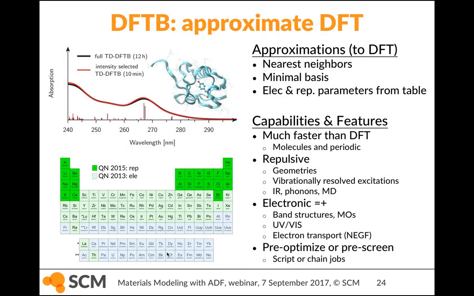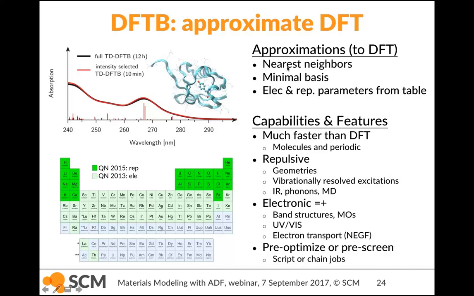Okay, so then we have also, I mentioned in the beginning, this density functional based tight binding, which can do a lot of the same things as ADF and BAND, but much more quickly in an approximate way. And so in a nutshell, what density functional based tight binding does is it uses a nearest neighbor approximation.